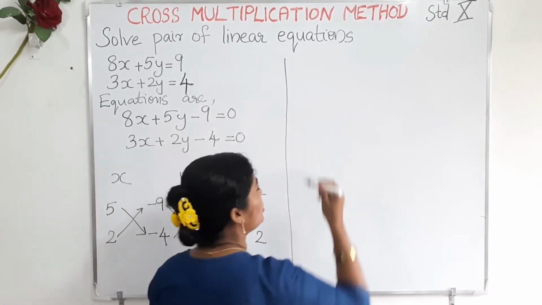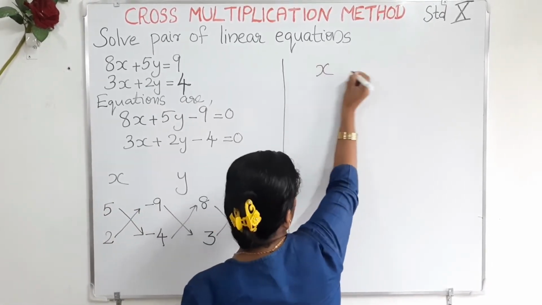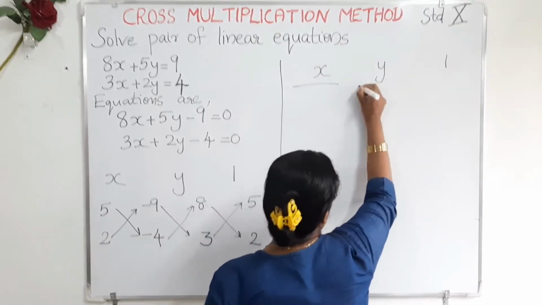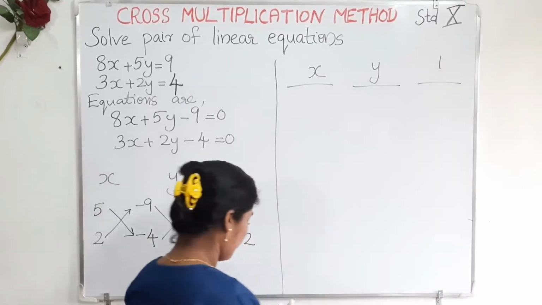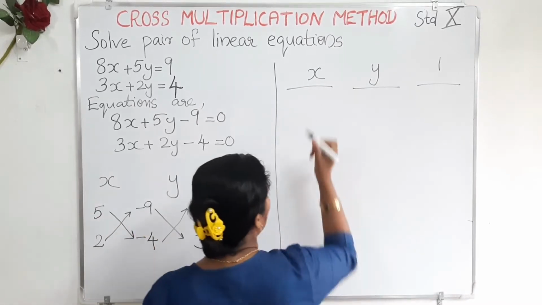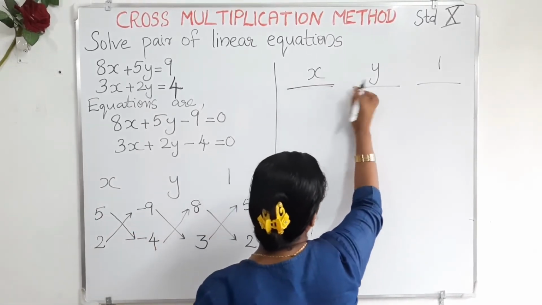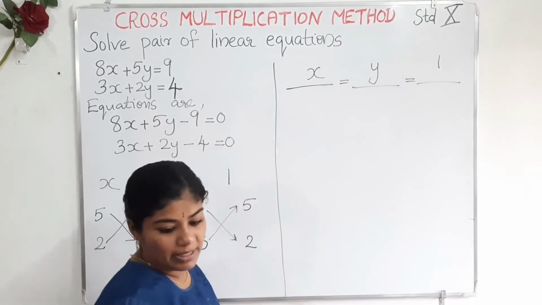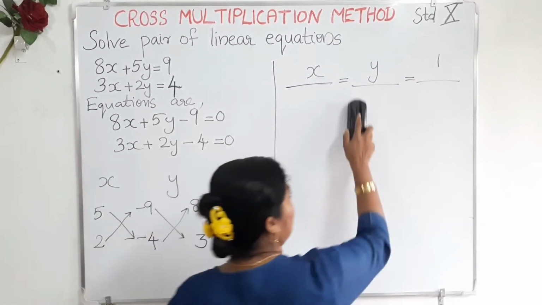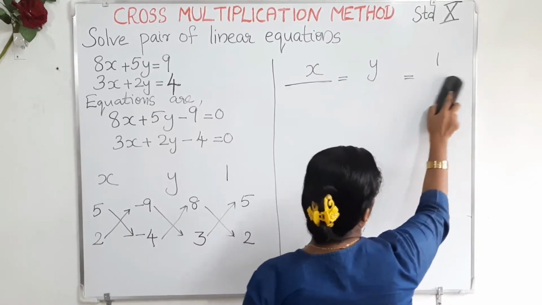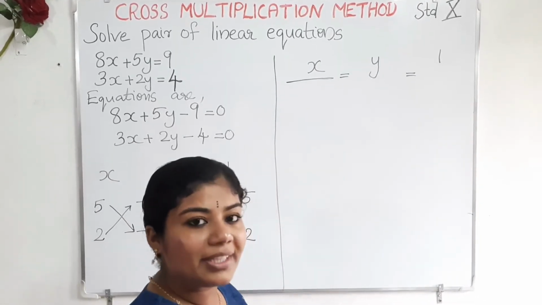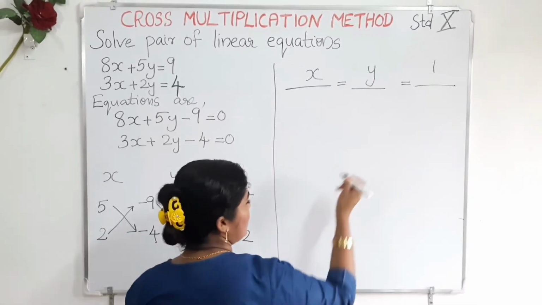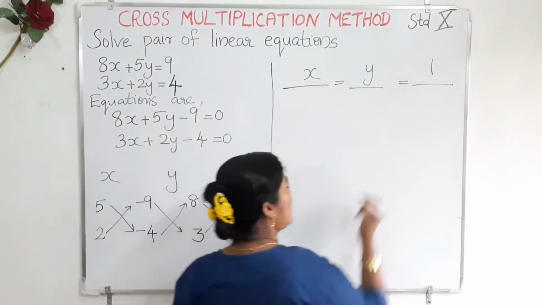Directly write x, y, 1 as divisions, and in between give the equal symbol. Then what will be the denominators when you write x, y, 1?